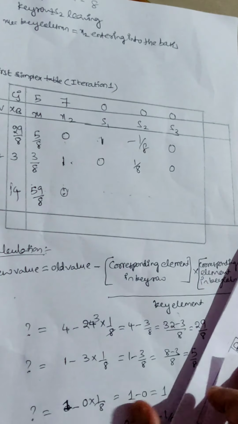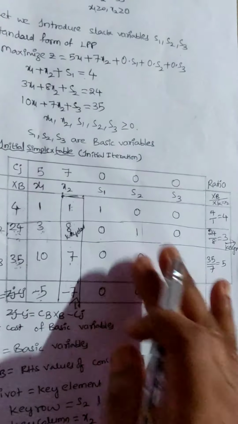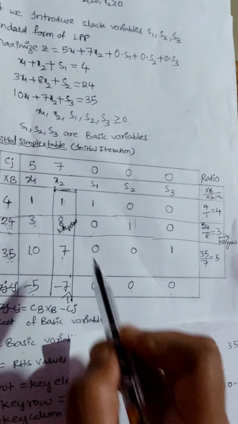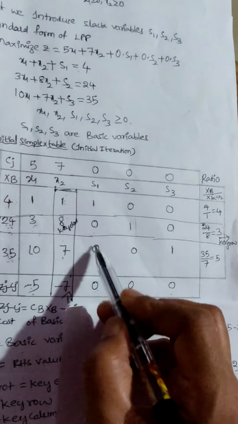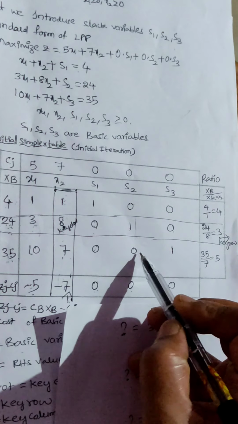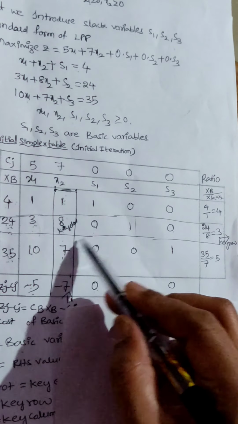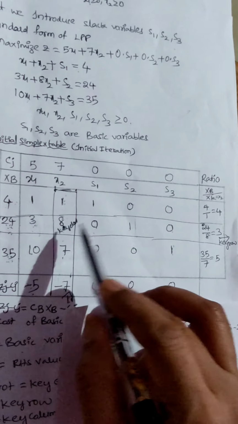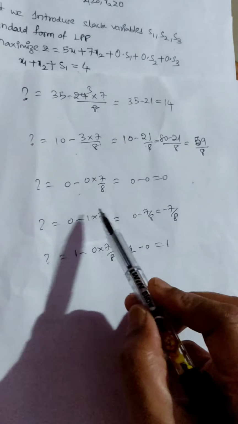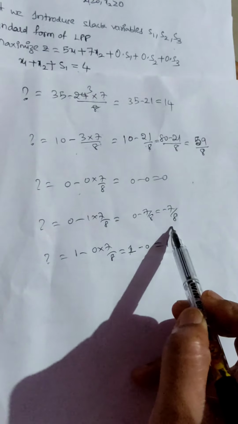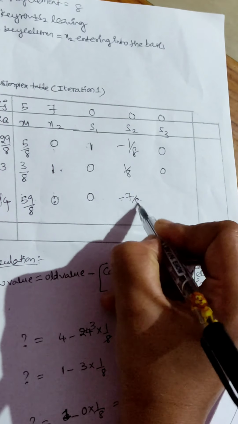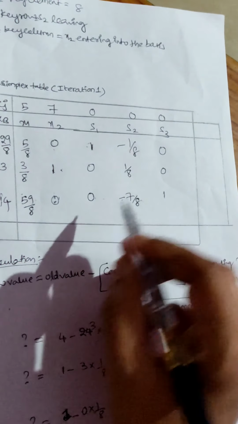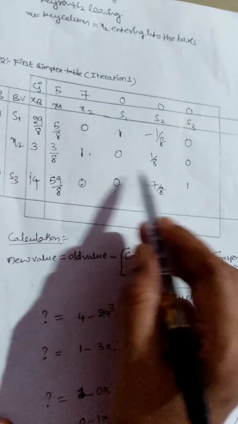Next, for this value it is 0, 0 minus 0 into 7 by 8. Next value is 0 minus 1 into 7 by 8. Next value is 1 minus 0 into 7 by 8. I calculated this: 0 minus 7 by 8 and 1. Okay, all the values are calculated.